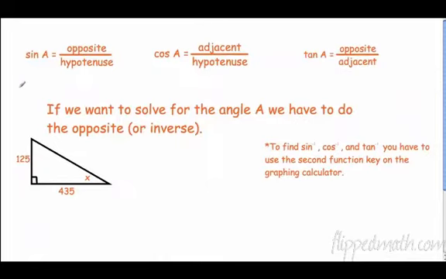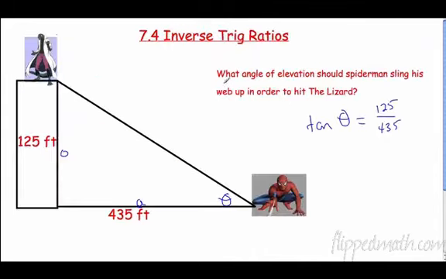So quick reminder. Sine is opposite over hypotenuse, cosine adjacent over hypotenuse, and tangent opposite over adjacent, otherwise known as SOHCAHTOA. To find the angles, we have to do the inverse or opposite. Remember, if I'm solving the equation 2x equals 10, the opposite of multiply is divide, the inverse.